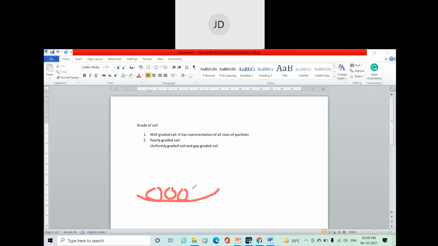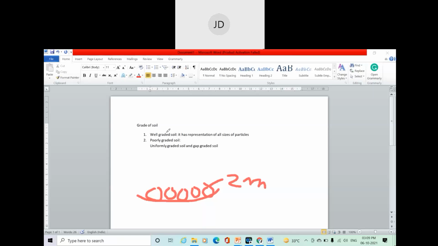Suppose all soil particles are of 2 millimeter size. That means you can say that particular soil is uniformly graded to the size of 2 millimeter. Uniformly graded means a particular soil having a majority of particles of common, equal sizes. Then that type of soil is known as uniformly graded soil.